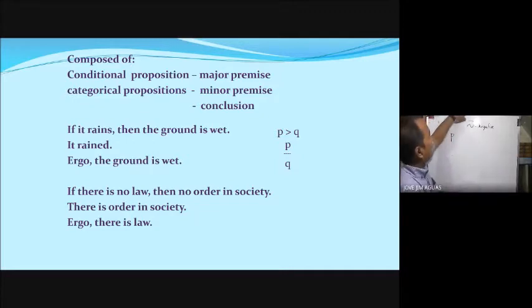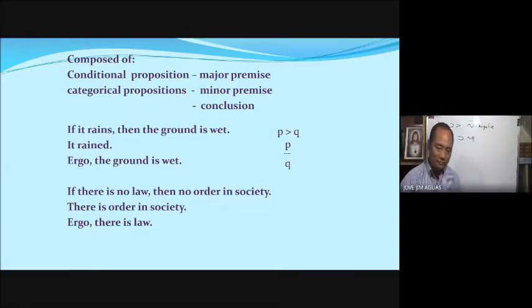Well, you can still also use the minus, but the curl is the more conventional sign. So you put the curl here. So if there is no law, then, you use this. It's either the horseshoe or this one, your choice. And then, no order in society, so not Q.